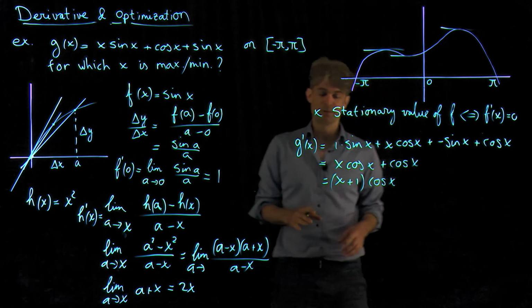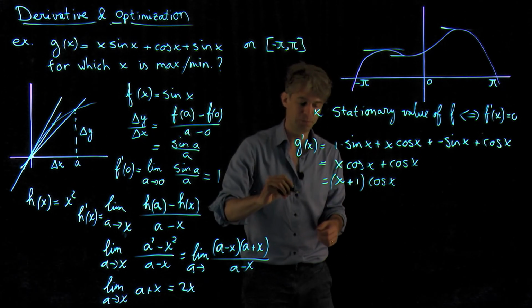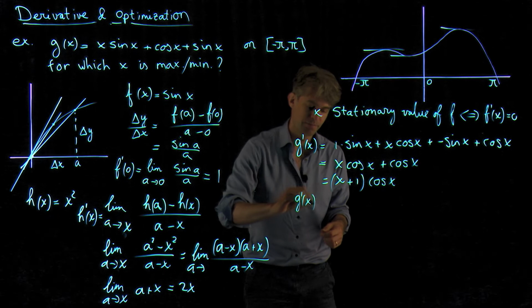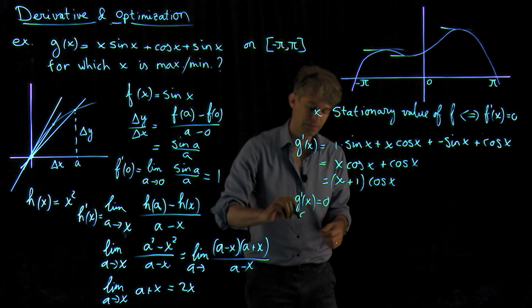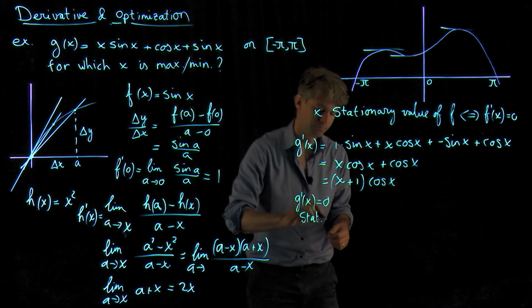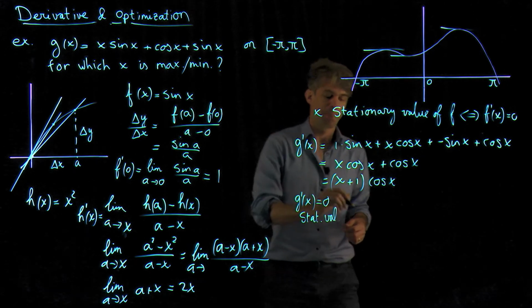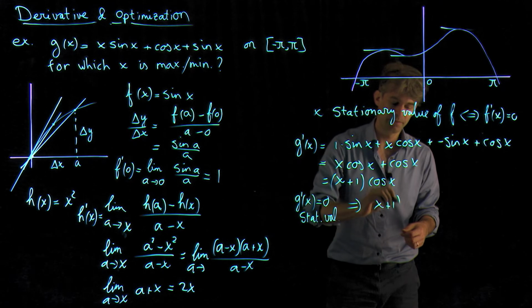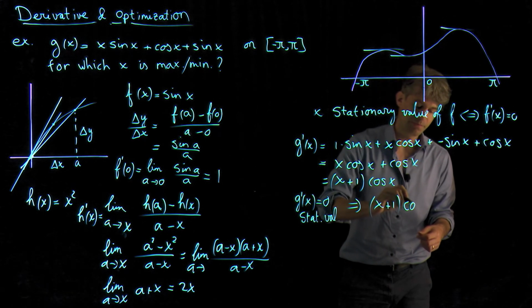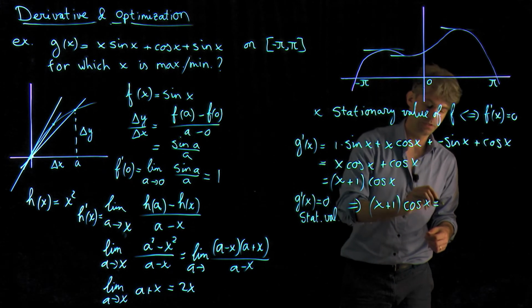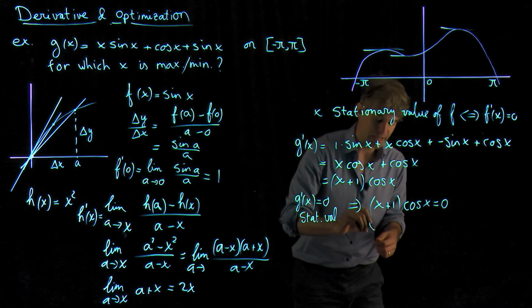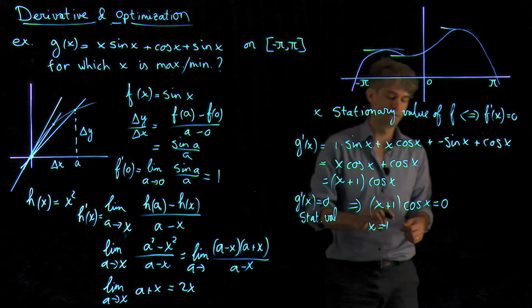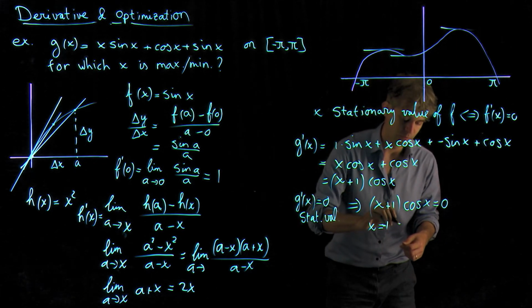Then for stationary values, we have to say, well, suppose g prime of x equals 0, right, for stationary values. If this is the case, it means that x plus 1 times the cosine of x equals 0, which means x equals minus 1, or the cosine of x is 0.